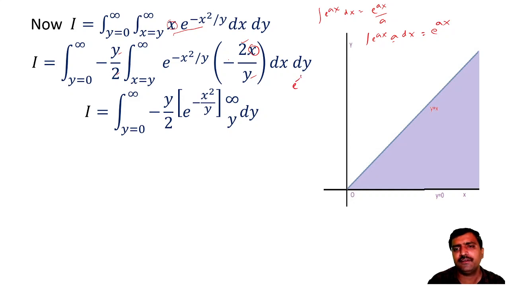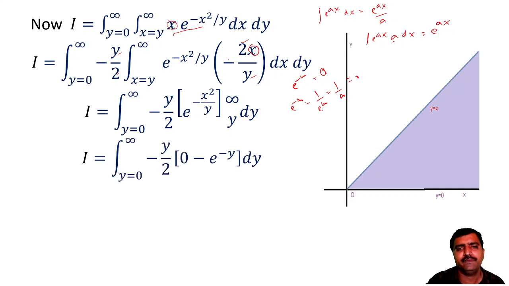E to the power of minus infinity is 0, because e to the power of minus infinity can be written as 1 by e to the power of plus infinity. 1 by e to the power of infinity is 1 by infinity, which is 0. So for that reason the upper limit becomes 0.